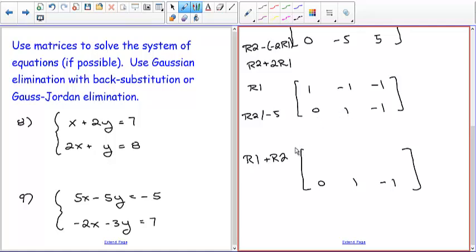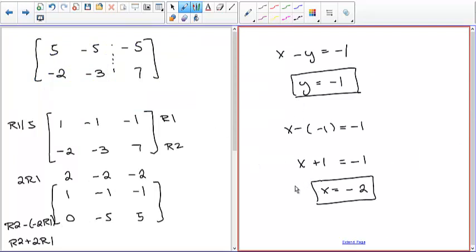So row 1 plus row 2 is 1, row 1 plus row 2 is 0, row 1 plus row 2 is -2. Now the corresponding equations here are x plus 0y equals -2 and 0x plus 1y equals -1, but that's the same as x equals -2 and y equals -1, which is exactly what I got over here using back substitution.